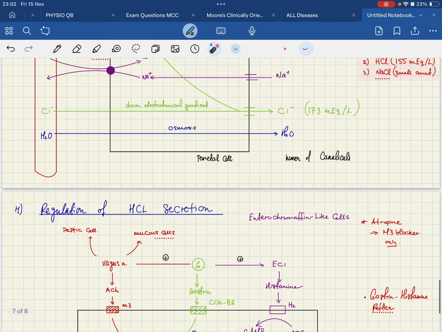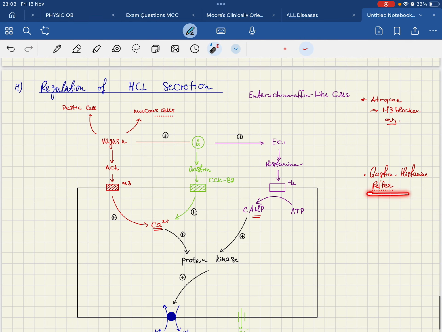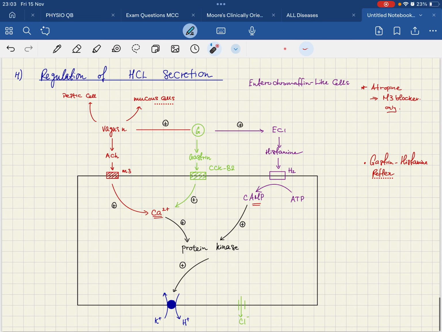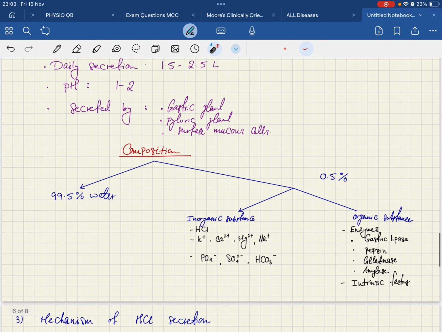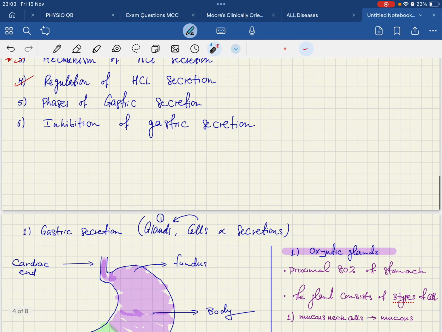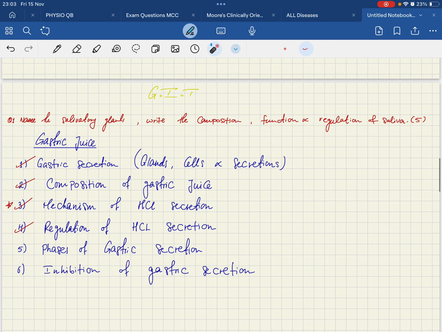And then there's another thing, read on this also: the gastric histamine reflex. So this sums up the video. So just go for it and then do some reading in the book, and then hopefully you'll have the growth.